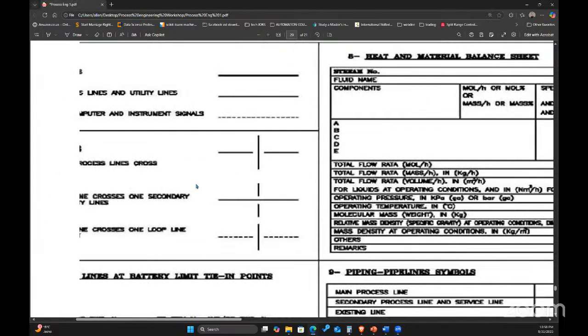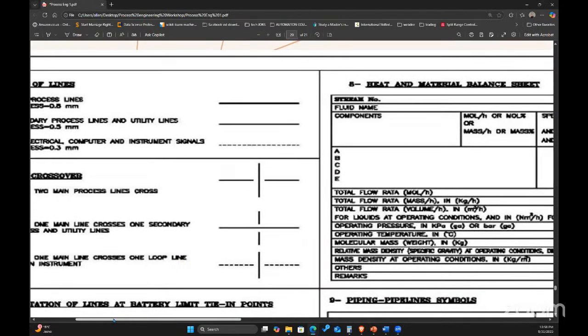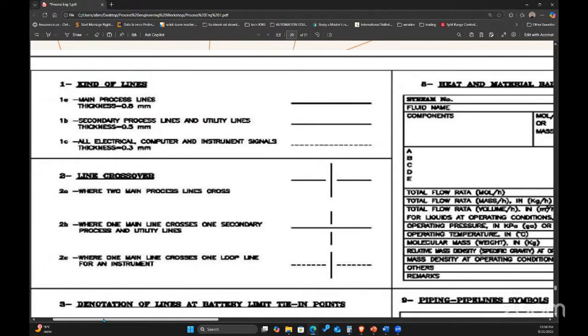So if you want to determine the process lines in the drawings, is the thickness the same or different? Oh, okay. They will be the same. The process line will always be thick, while the secondary line is going to be lighter, and this will be the electrical signal line.